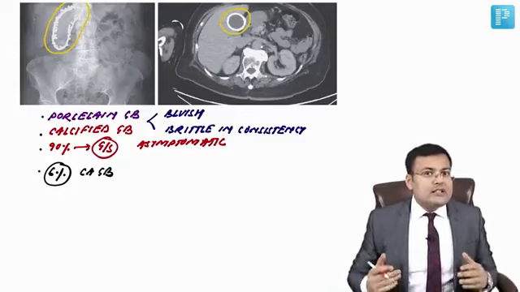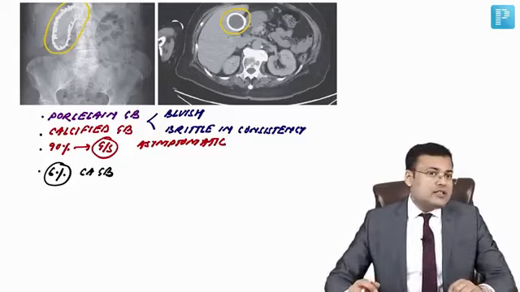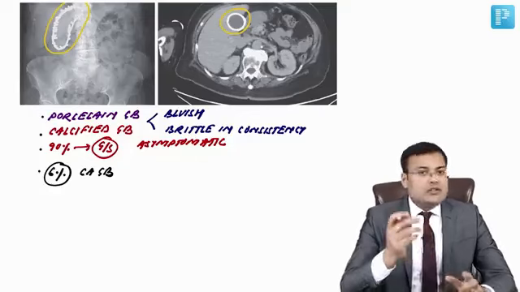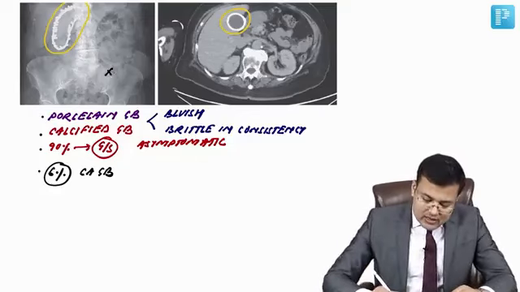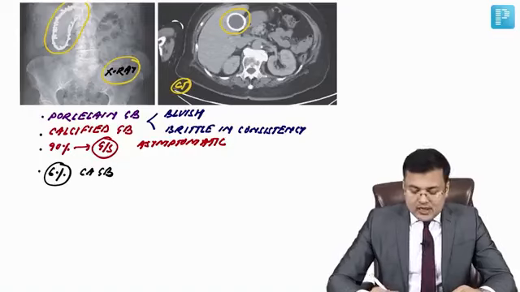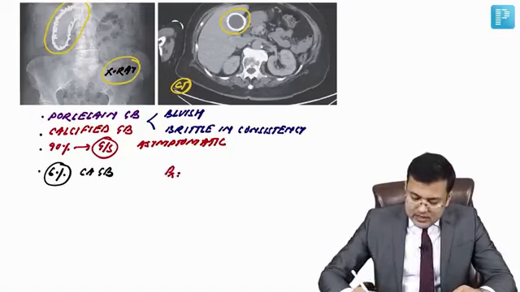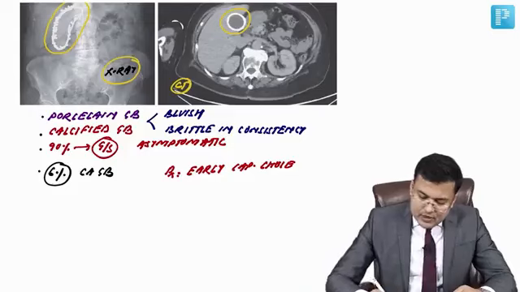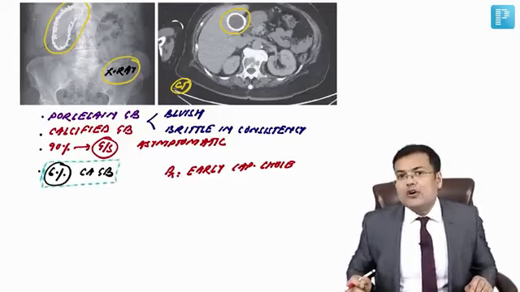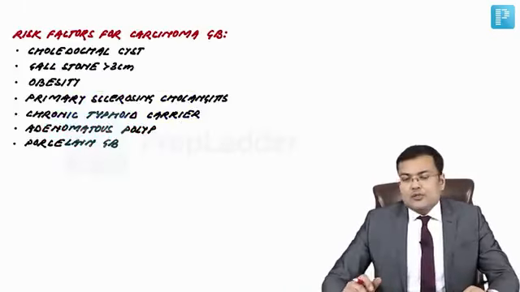It is diagnosed incidentally on either X-ray or CT, and you are going to find the calcified structure just below the liver. And when diagnosis is done, what's the treatment? Early lap cholecystectomy. Why we go for early lap cholecystectomy? Because there is increased risk of malignancy, carcinoma gallbladder.